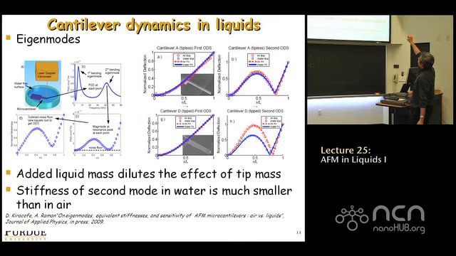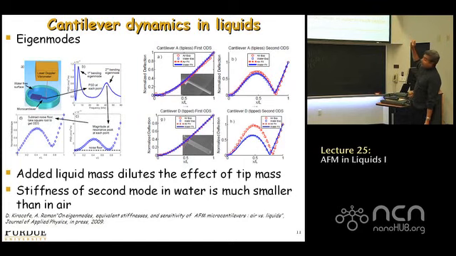And you find that if you take a cantilever without any tip on it, so most AFM cantilevers have a tip, right? But if, let's say, you take a cantilever without a tip, you actually find that there's no difference in eigenmode shapes in air and water, even for the first mode, which is shown in the first column, or for the second mode.